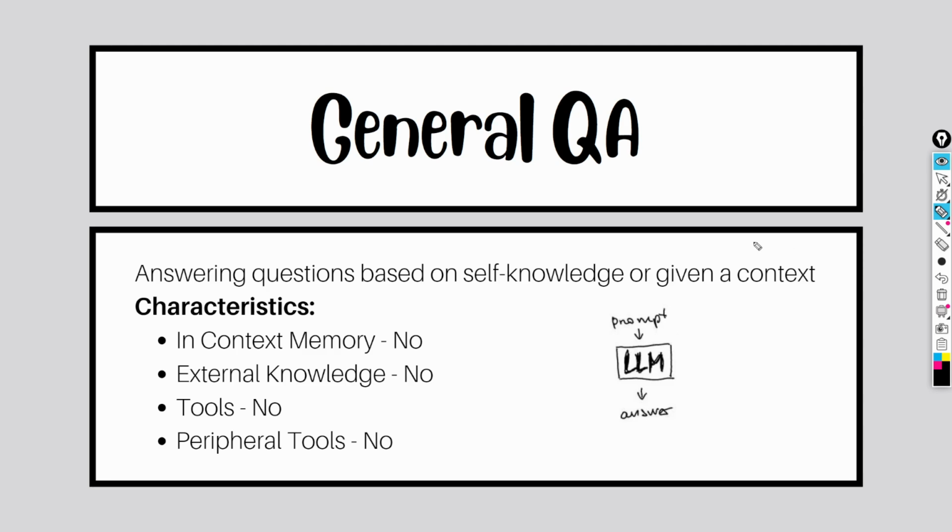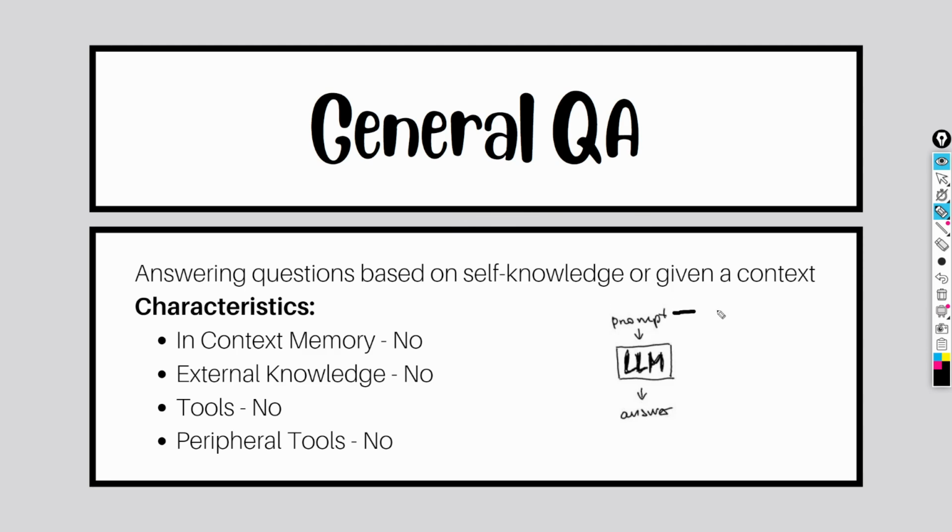So here the in-context memory is not there, the external knowledge is not provided, tools, nope, peripheral tools, no. These are some of the characteristics on which we are going to base this hierarchy, and like I said, this is the least powerful, but yet useful. If you have any task at a minimum level, then you can do it with general QA.